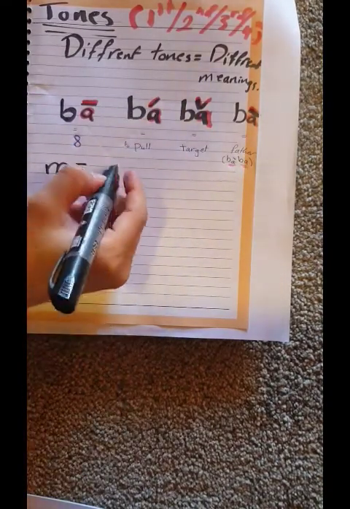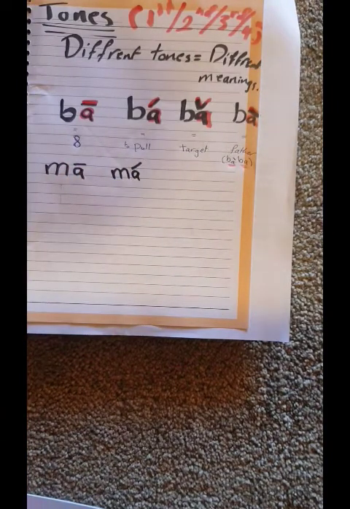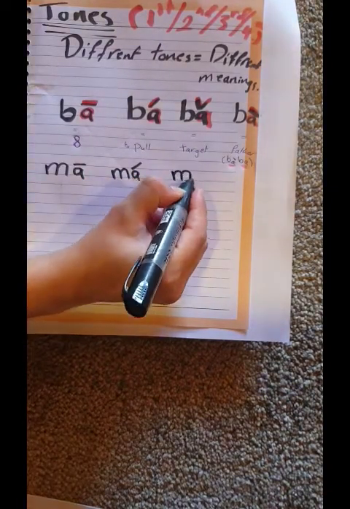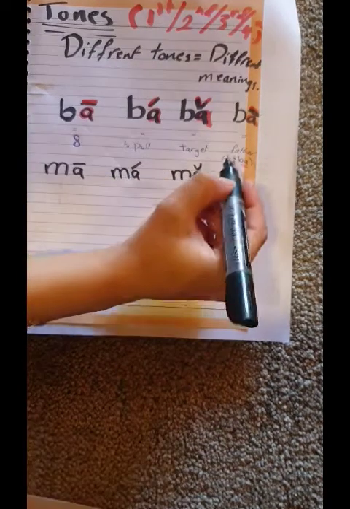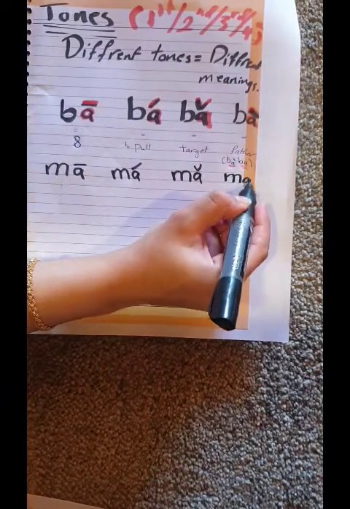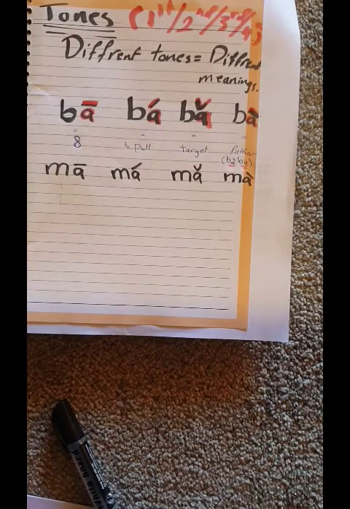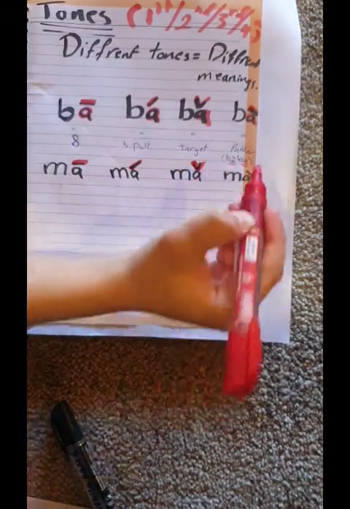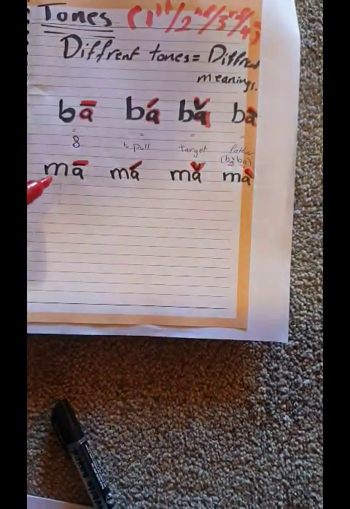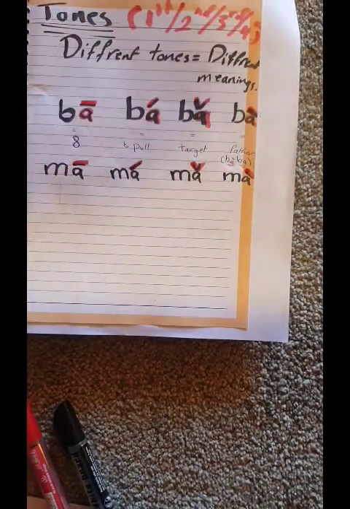Then we have the second tone, like you're asking a question, ma, ma. Then we have the third tone, ma, ma. And finally the last one, ma, ma. Let's repeat them in red. Ma, ma, ma, ma, ma, ma, ma, ma. Okay.